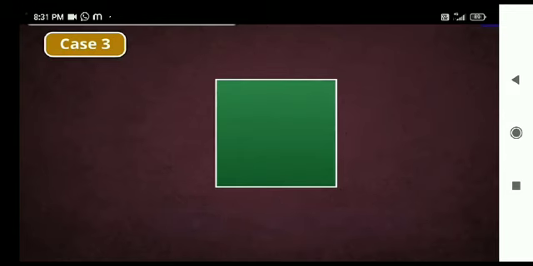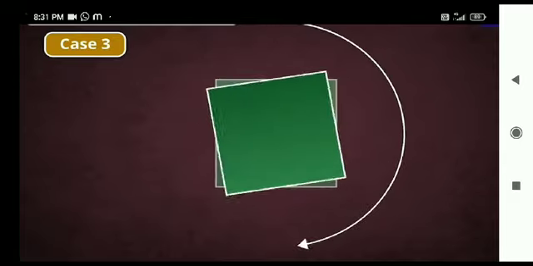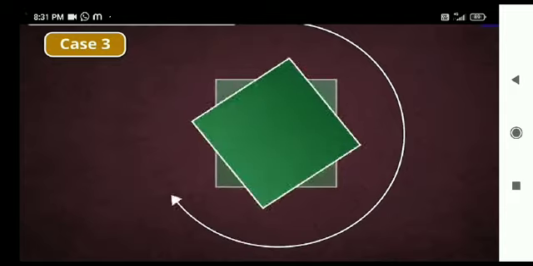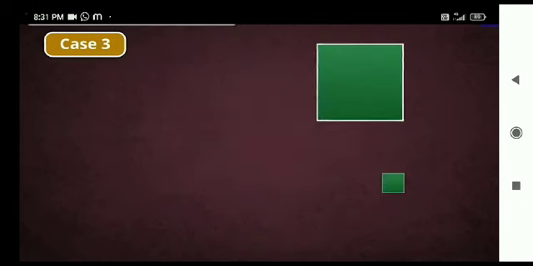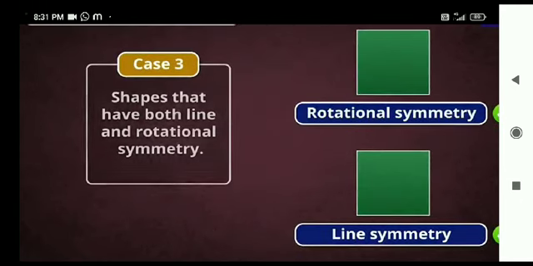Now, let's rotate this shape and see whether it has rotational symmetry as well. Even as the shape is rotated about a fixed point, it looks exactly the same as it did before a full turn. Hence, it has both line symmetry and rotational symmetry.